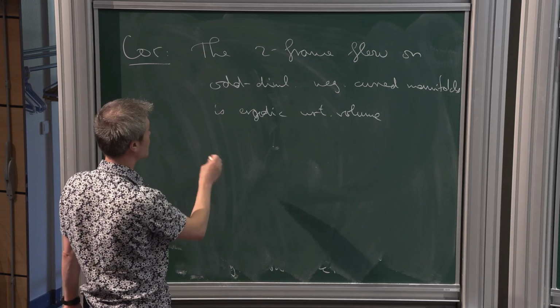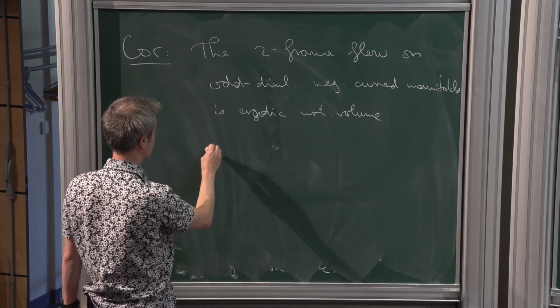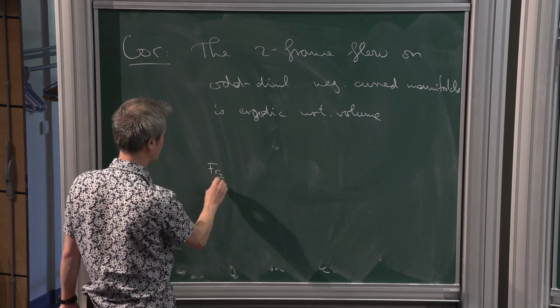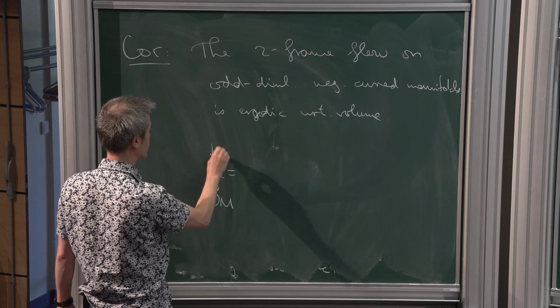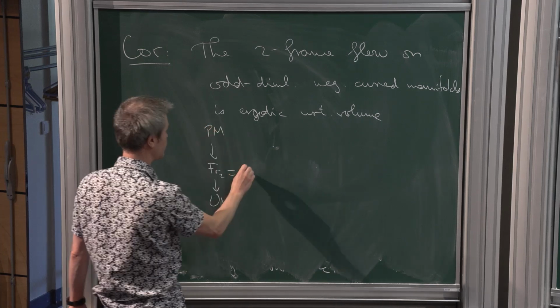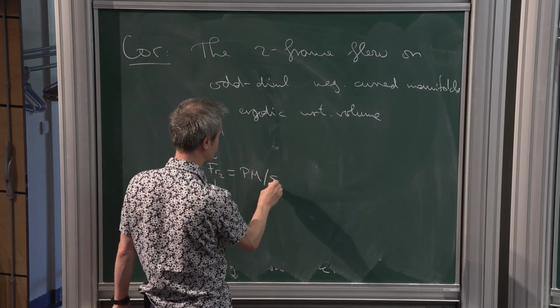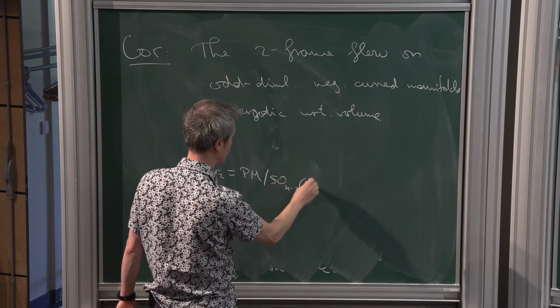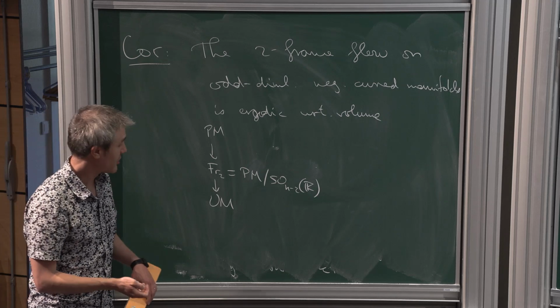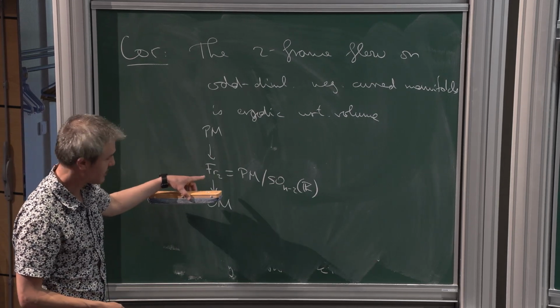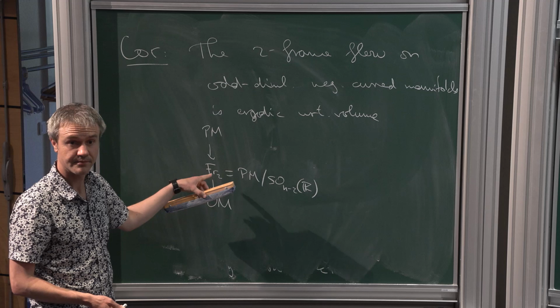So what is the two-frame flow? This two-frame flow over UM is the quotient of PM divided by SO(n-2, R). And this is, if you remember in our diagram, precisely the space that I called Fm.